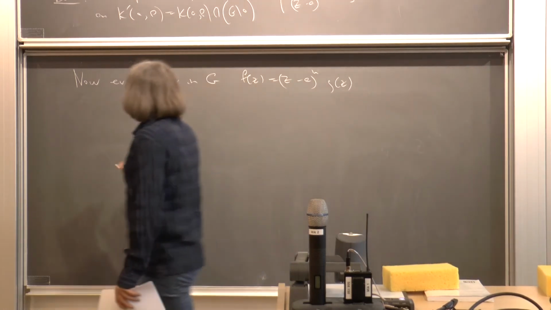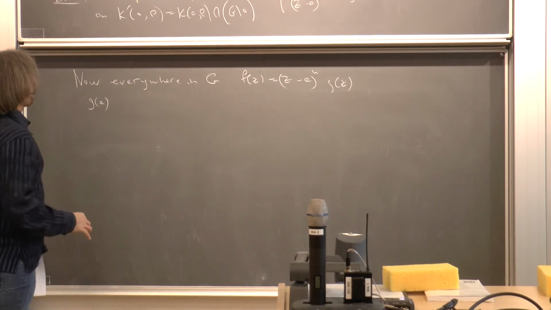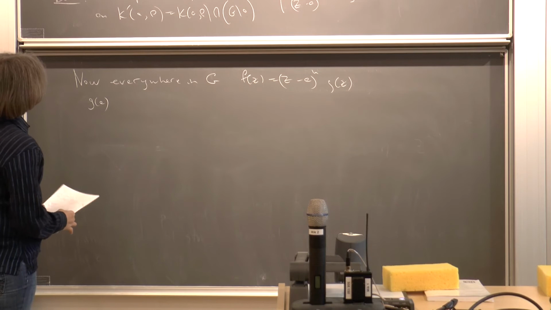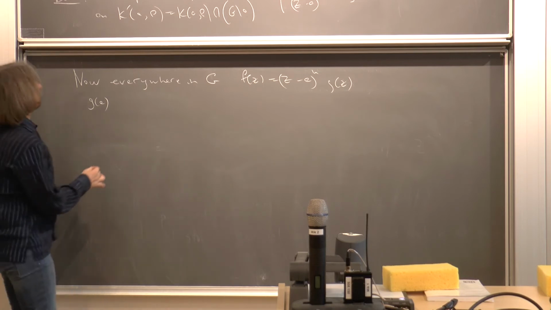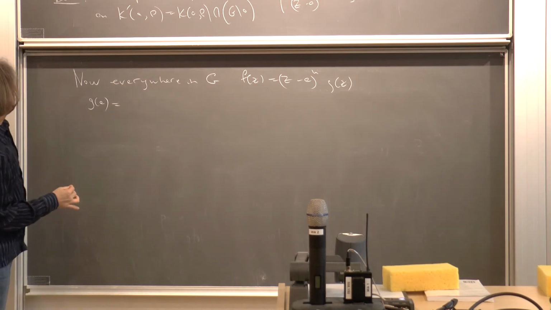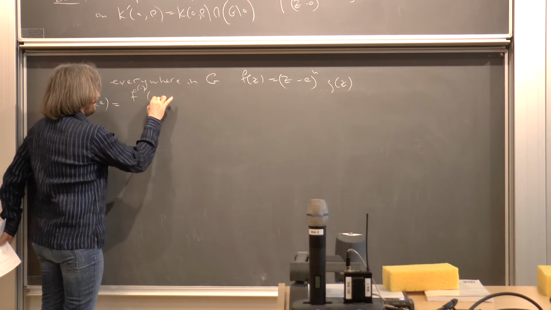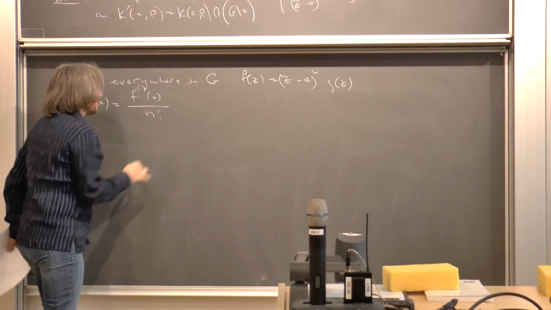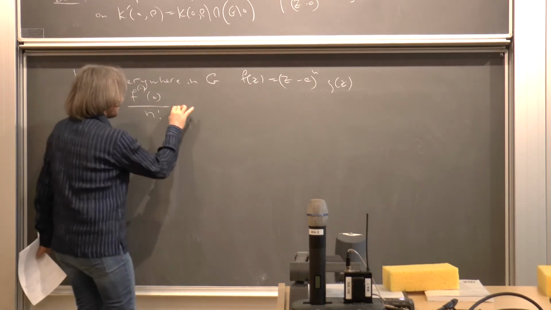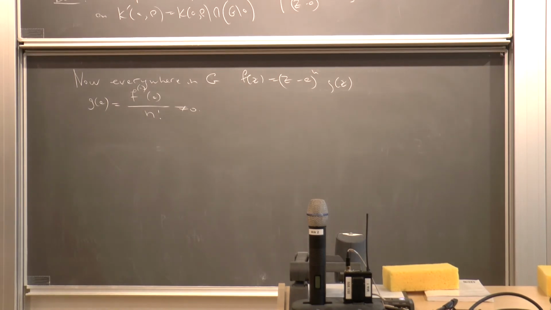Also, g of a is not zero. So g of a will be f to the n at a, divided by n factorial. So I proved the existence of such a representation.